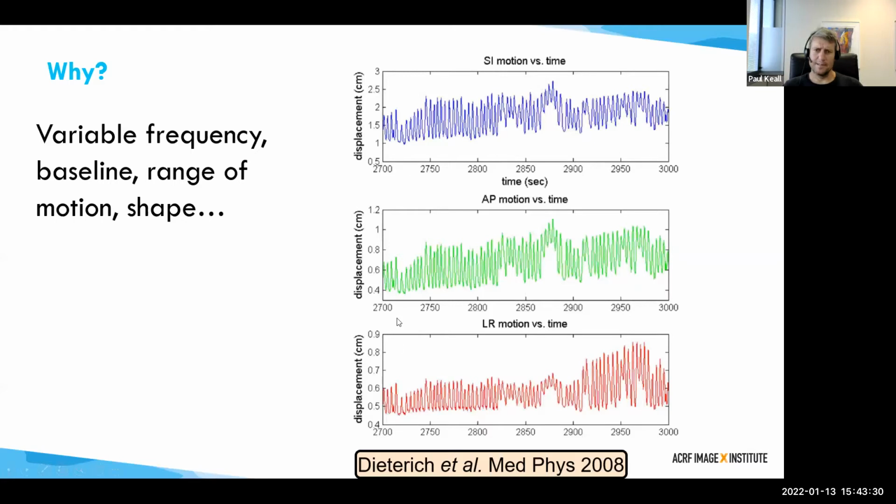So with breathing, why is breathing a problem? Here's some data from a cancer patient, measuring the tumor as it moves with time while the patient is being treated. We have the three different motions: essentially up and down in the patient, front and back, and left and right. What we're seeing is that while a patient is being treated, a tumor is moving in 3 dimensions.